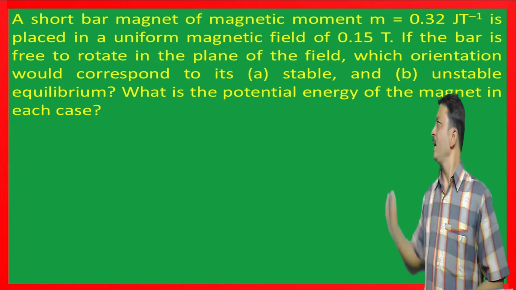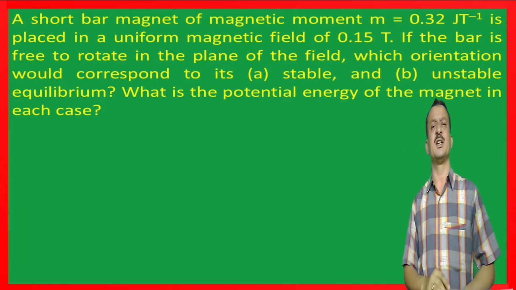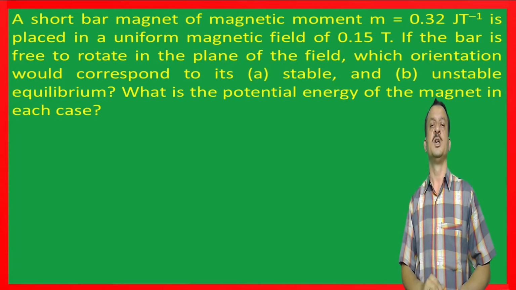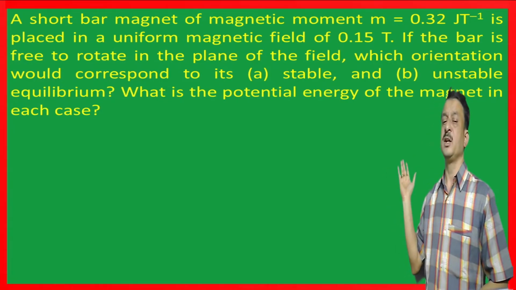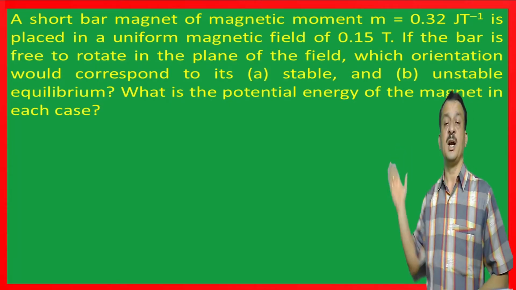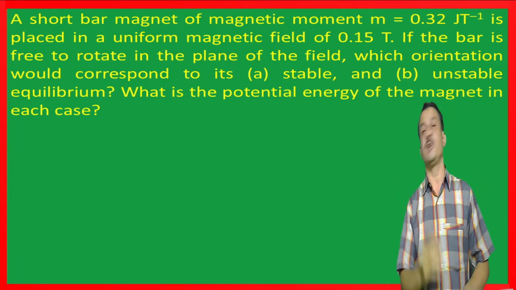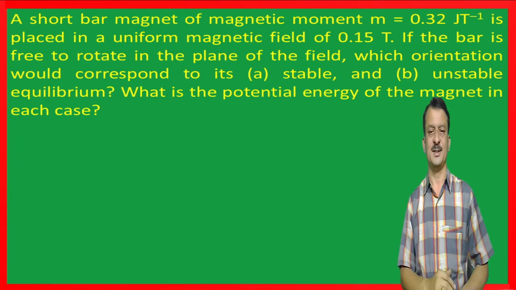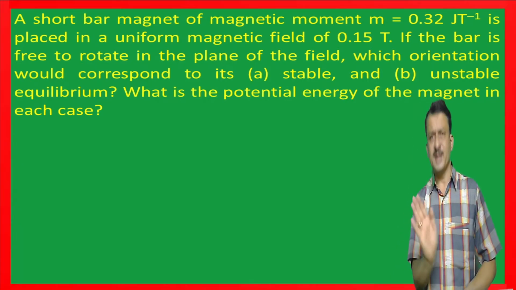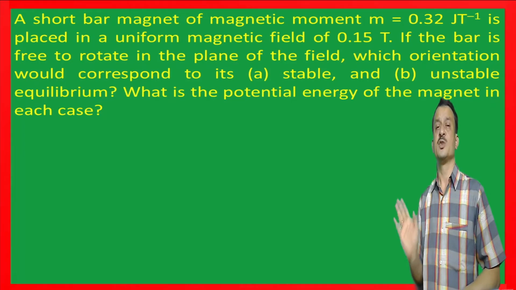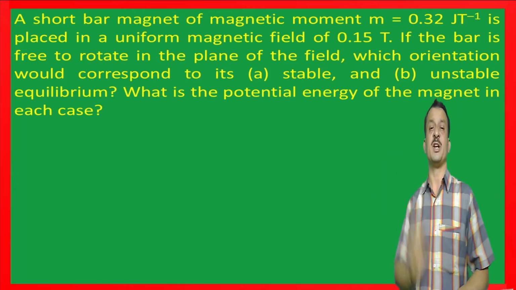Now here a bar magnet is placed in an external magnetic field. Its magnetic moment is given. So given magnetic moment 0.32 joules per Tesla and the external magnetic field 0.15 Tesla, both are given. Now what are we going to calculate? I have to align this bar magnet so that it is in the stable state.